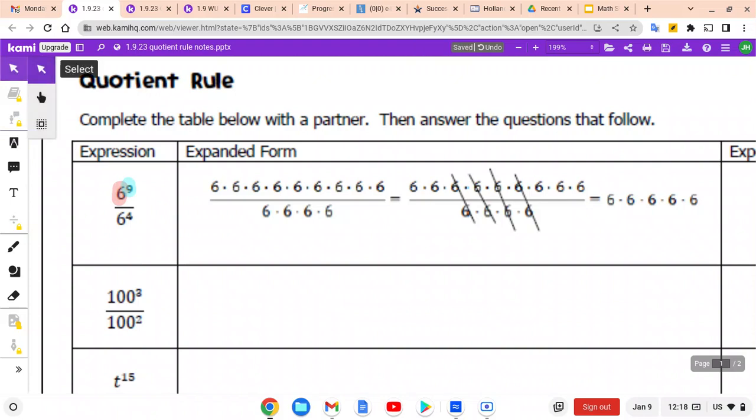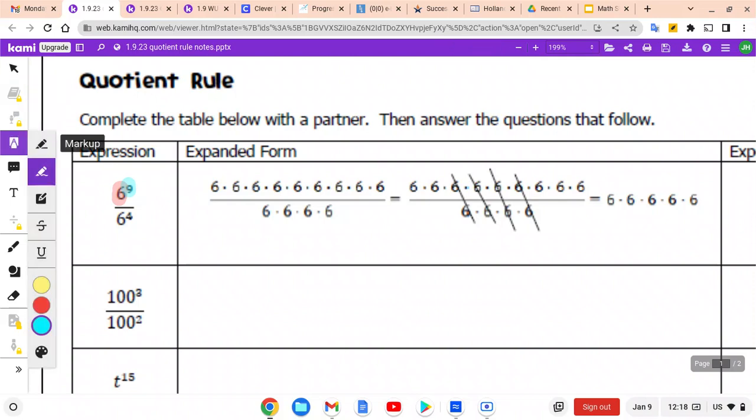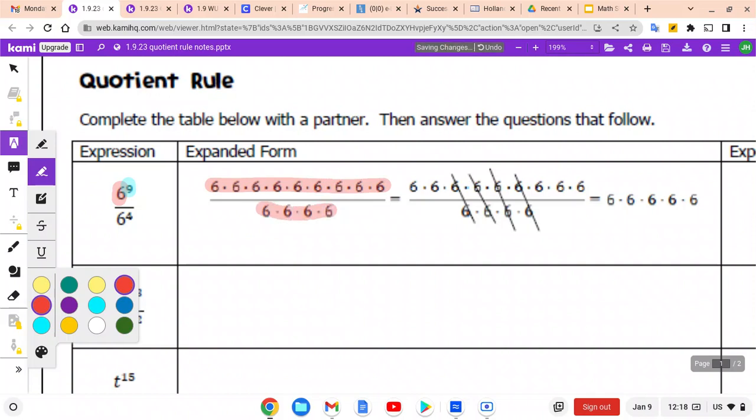We also learned in a previous lesson that you can expand it. It's repeated multiplication. So here we have 6 times 6 times 6, 9 times. And then on the bottom where we have 6 to the fourth, it is 4 times. And if you think of 6 divided by 6, well, that's simply 1.